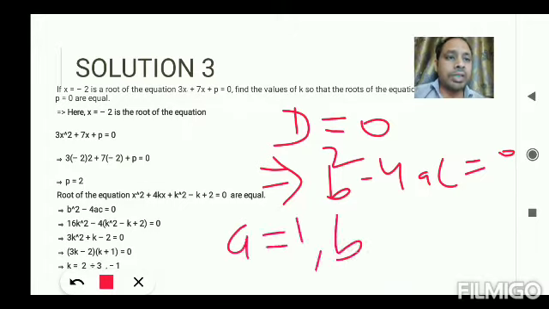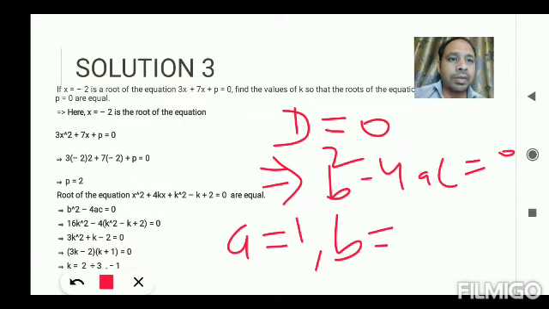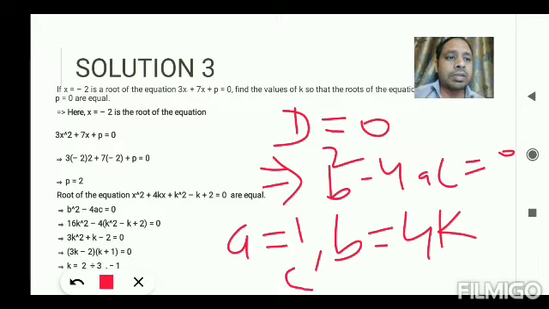The value of b as 4k, and the value of c as k square minus k plus 2. Clear?